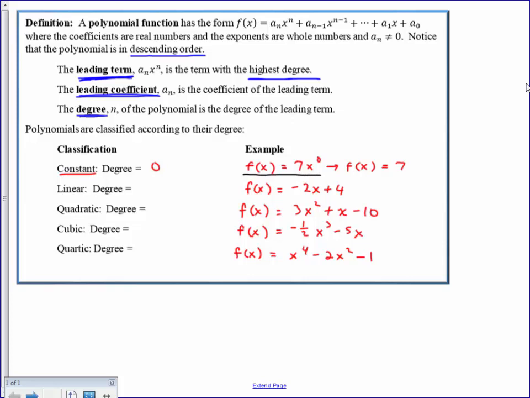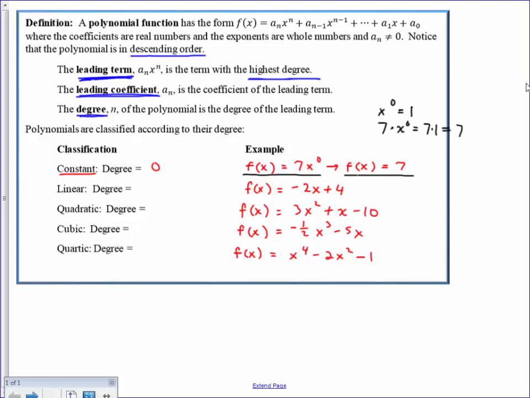What you'll see instead is something like f of x equals just 7. It makes sense that we call that a constant polynomial because it's just the constant number 7. But if we did have an x with it, it would have understood power of 0, and the reason being we know x to the 0 is equal to 1, so here 7 times x to the 0 would be the same thing as 7 times 1, or just 7.